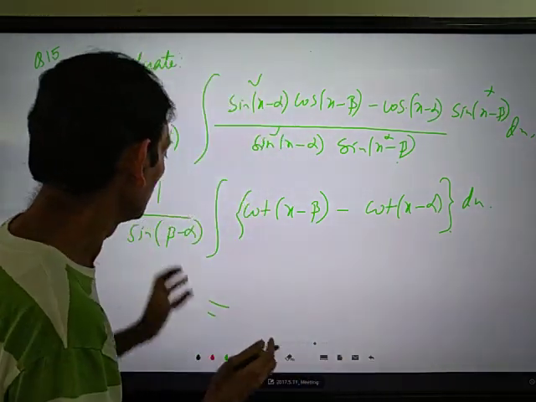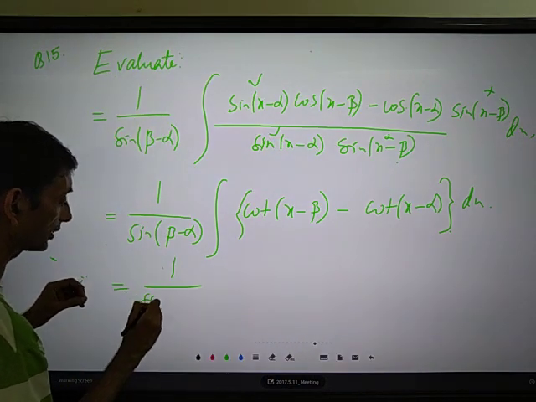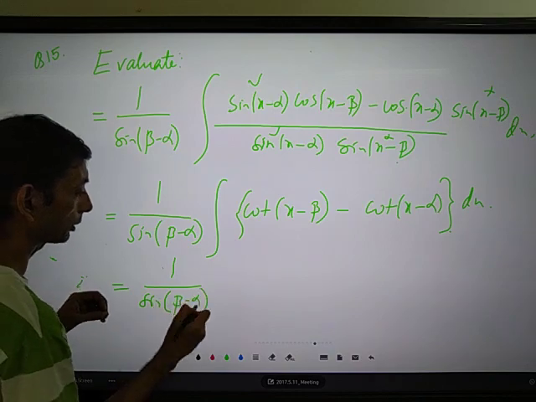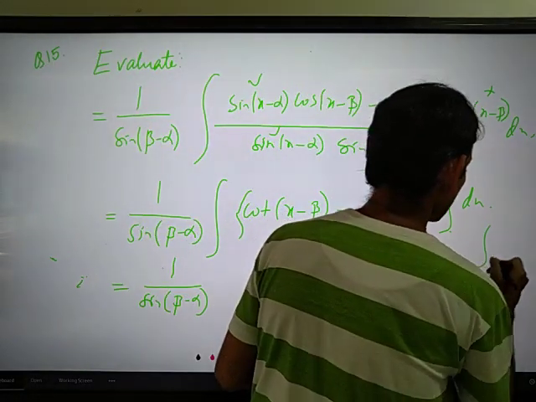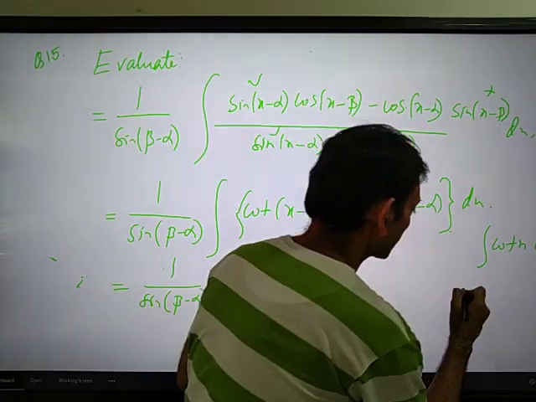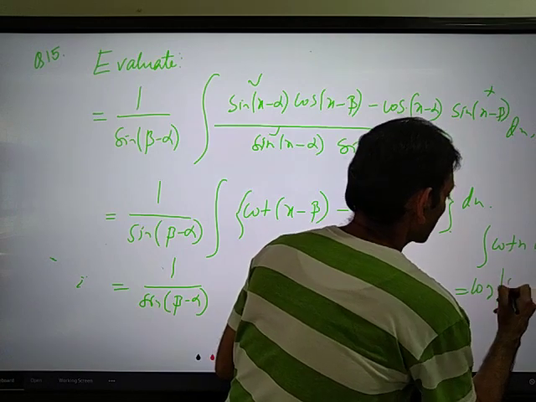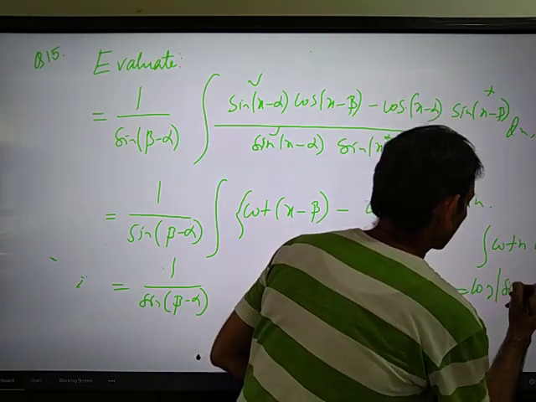We are going to integrate now. We know these are standard integrations and we know how to integrate cot(x minus beta). What is the integration of cot x dx? We know that the integration of cot x dx is log sin x.